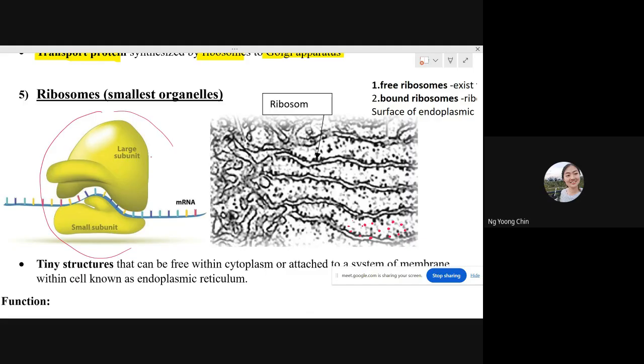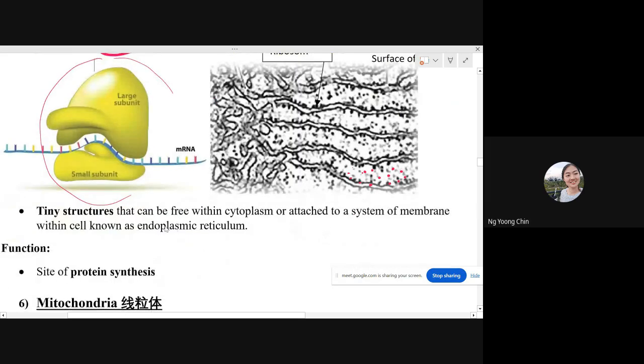Another thing I want you to know is that the ribosome is the smallest organelle found inside the cell, the very smallest. That's why you can only see the structure of the ribosome with the high resolution of the electron microscope. If you use the light microscope, you are unable to see it because it's too small. It's a very, very tiny structure.